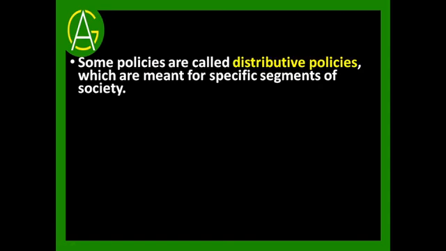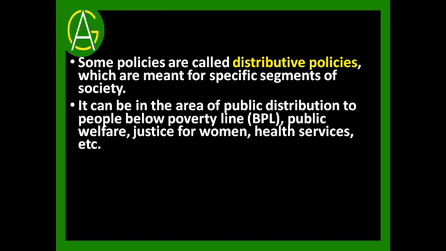Next is distributive policies. Some policies are called distributive policies. Distribution means to distribute the benefits to certain segments of the society. Say, for example, there is a public distribution system. Now, public distribution system performs the task of distributing benefits to those people who are below poverty line.